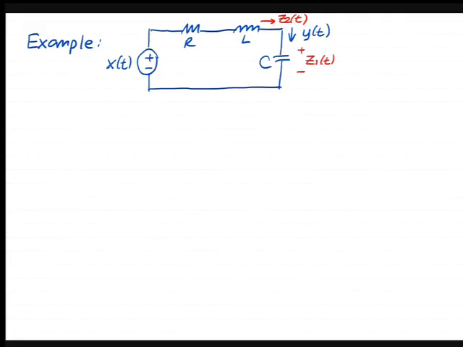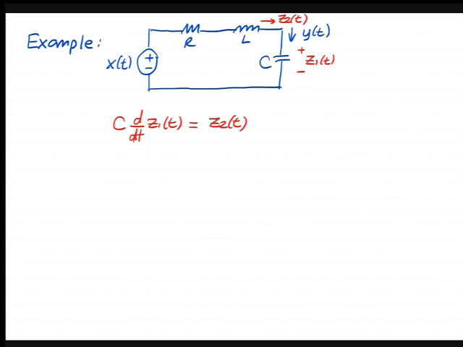Okay, so let's start with z1. So the equation is C times d by dt z1 is what? z2 is the current, but we already know it's z2. Already here we use the Kirchhoff current law because it's the same current that's flowing through both, right?